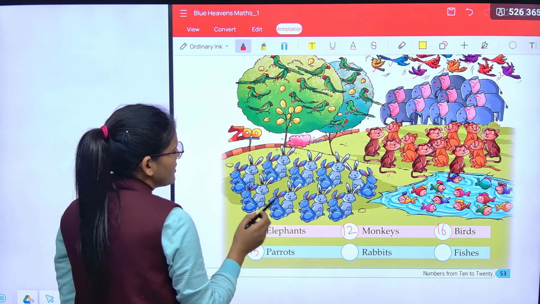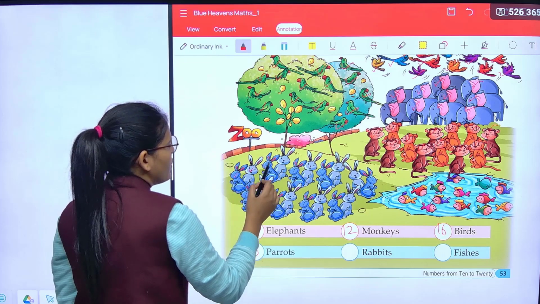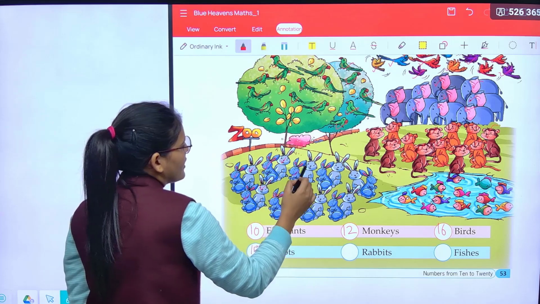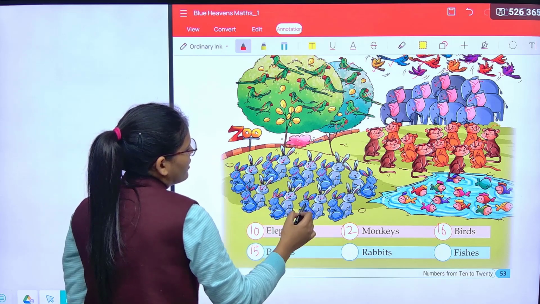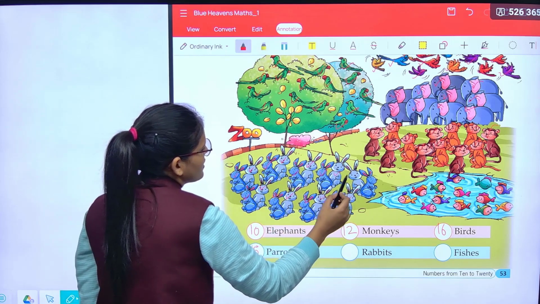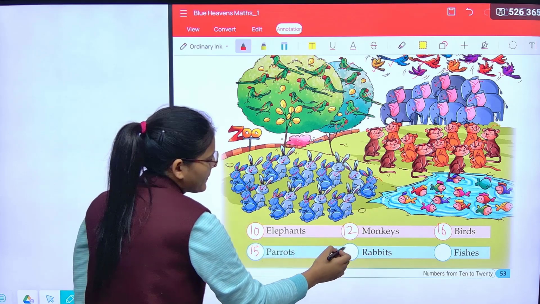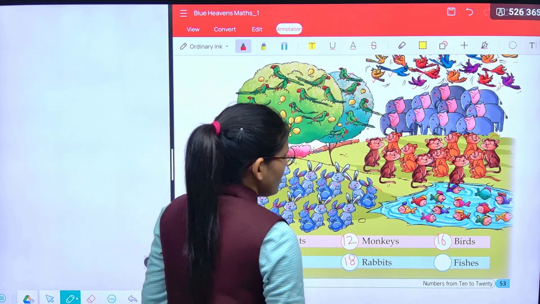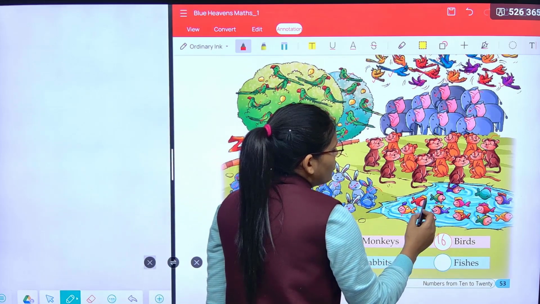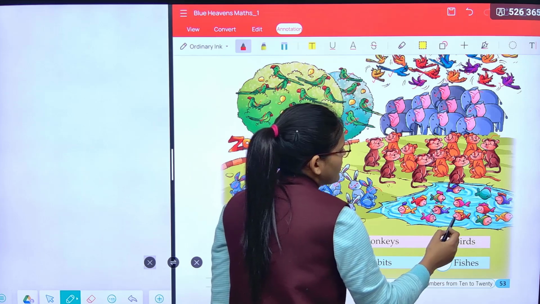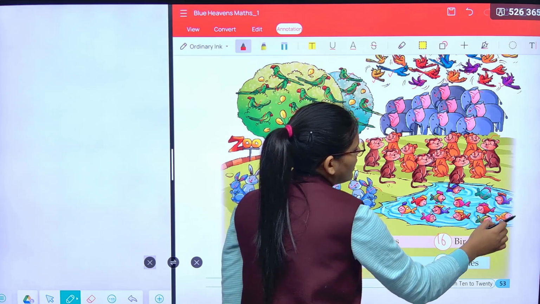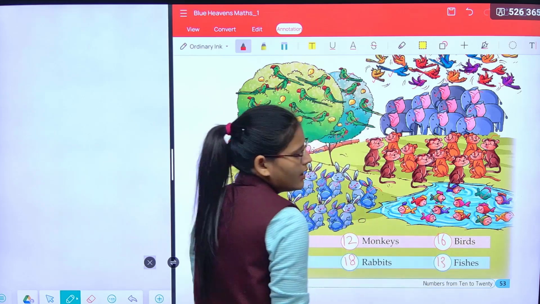Now class, rabbits. 1 to 18. 18 rabbits. Now class, fish. 1 to 13. 13 fishes, class.